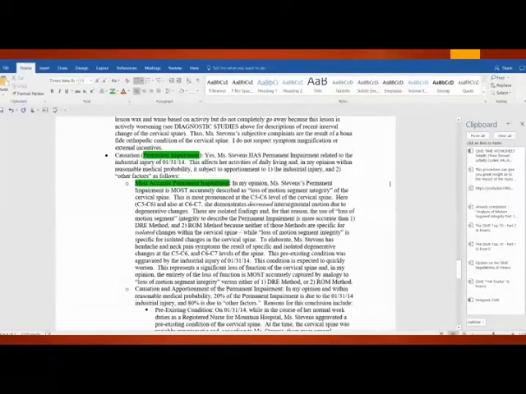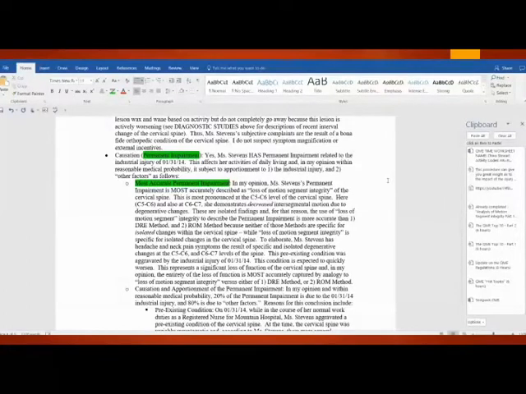In my opinion, Ms. Stevens' permanent impairment is most accurately described as loss of motion segment integrity of the cervical spine. This is most pronounced at the C5, C6 level of the spine. Here, meaning at C5, C6, and also at C6, C7, she demonstrates decreased intersegmental motion due to degenerative changes.